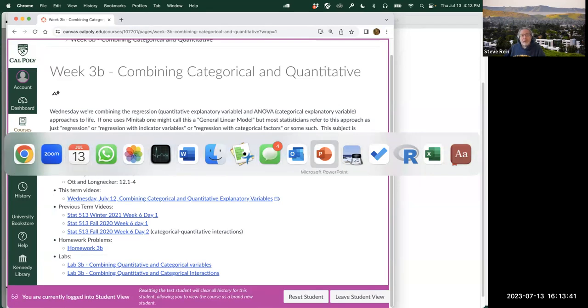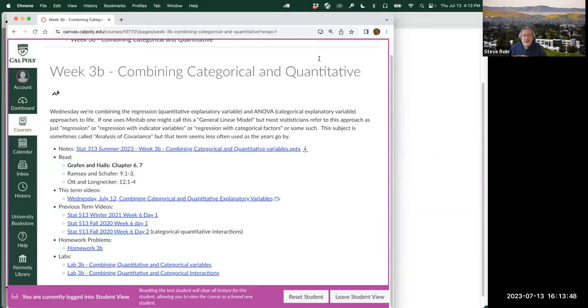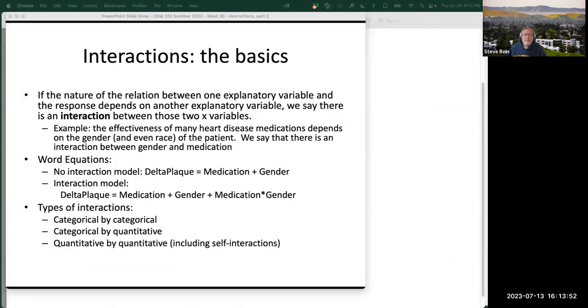If I can do this right, I can actually open up this thing about interactions. Maybe I should take that and move it off to the side. Okay, so interactions. You've already seen interactions once in the lab earlier this week, where you tackled the pig weight gain data.